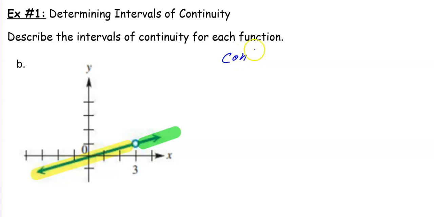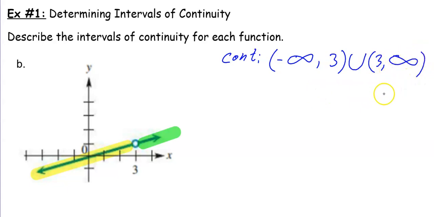Well, we are going to be continuous from negative infinity, the parenthesis means don't touch that negative infinity, all the way up until we get to 3. And then we're going to jump over that 3. So we've got our union sign. This is kind of like an and. We're going to go down on the other side of 3 and keep going forever.